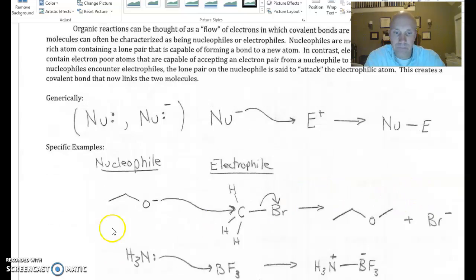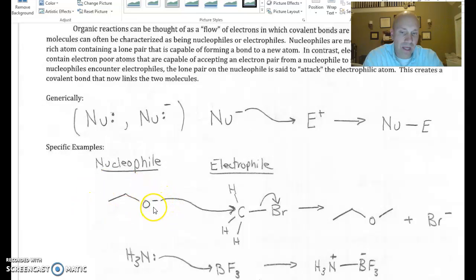I just want to start by showing some common reactions where you would have a nucleophile and an electrophile. Again, a nucleophile by definition is an electron-rich atom that's got an electron pair capable of making a bond. A good example of that is an alkoxide.